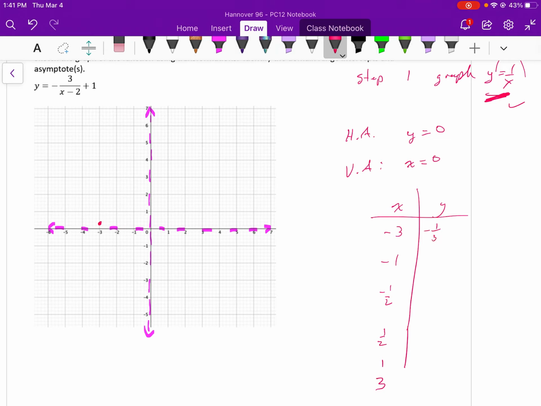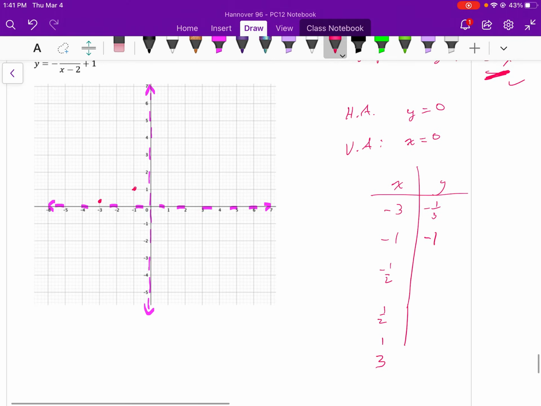To me, this illustrates the horizontal asymptotic behavior. What happens on the left? x is equal to 1. Well, it's kind of nice because it's just a point in the middle. Now x is equal to 1/2, y will be the reciprocal of 1/2, which is 2.